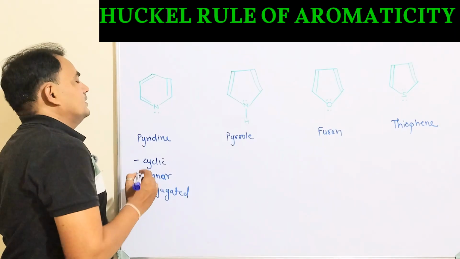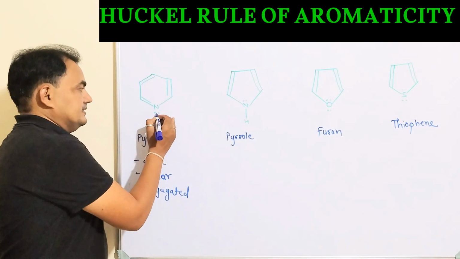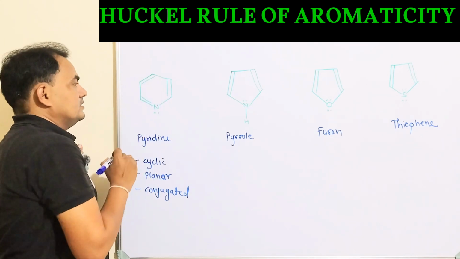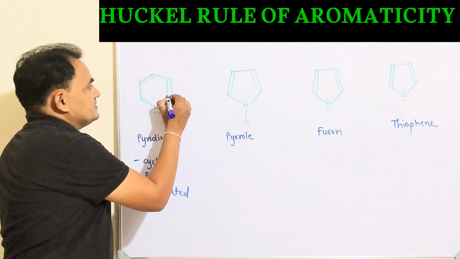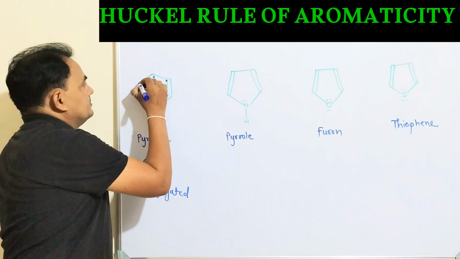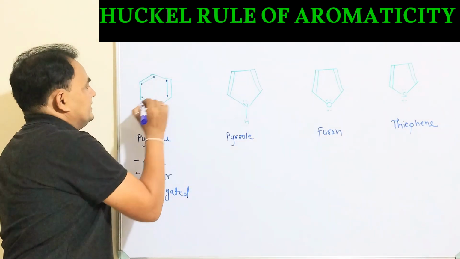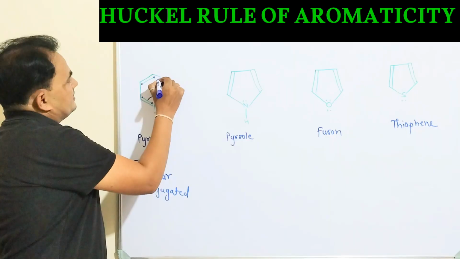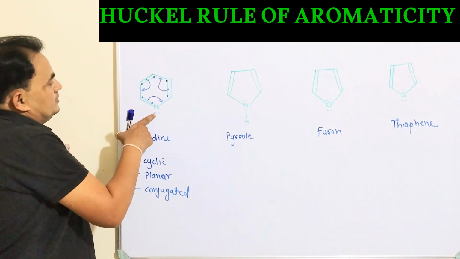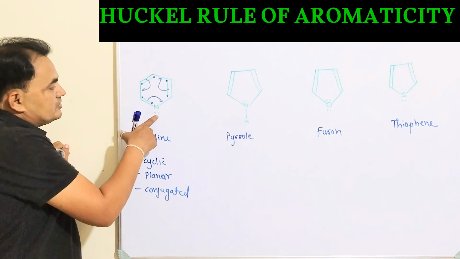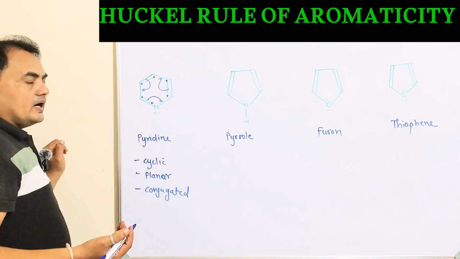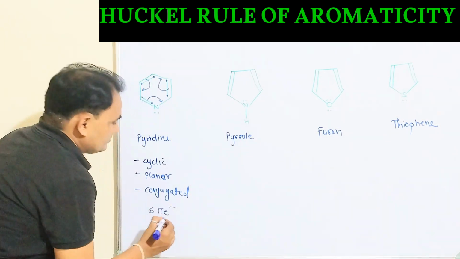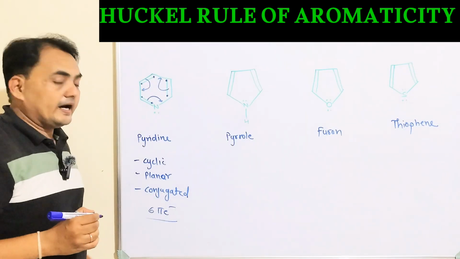Here a lone pair is present on the pyridine, but this lone pair does not take part in conjugation because 6 pi electrons are already present in the pyridine ring, and these 6 pi electrons are already conjugated. That's why there is no need of this lone pair, so the lone pair can be donated to another compound. Here 6 pi electrons are present, and that's why this molecule is also aromatic.